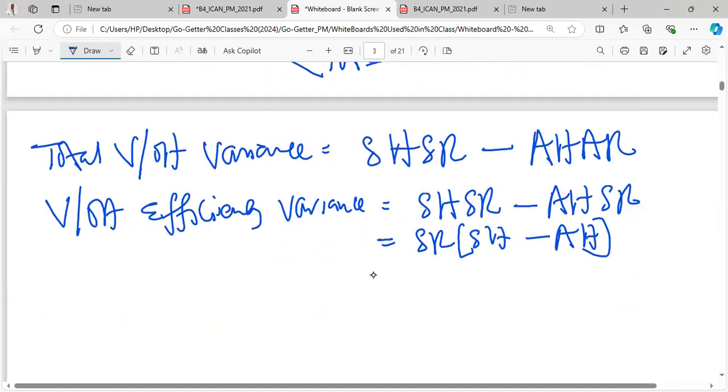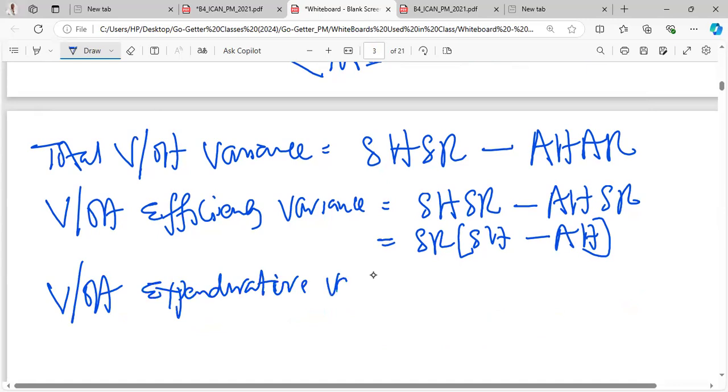Then we have variable overhead expenditure variance.